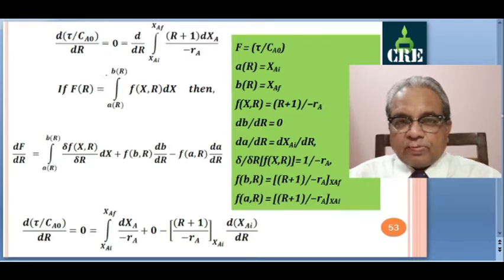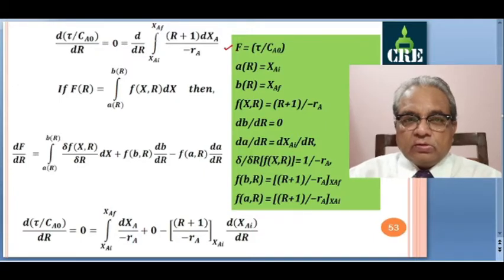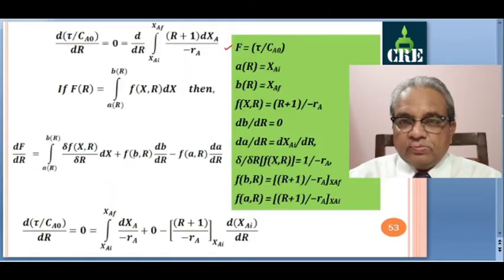So here in these notations we will see our function. Now our function f is tau by Ca0 here. This we want to differentiate, and this tau by Ca0 is nothing but the integral of R plus 1 dxa by minus Ra. So our function is R plus 1 by minus Ra into dxa, and it is the same as tau by Ca0.